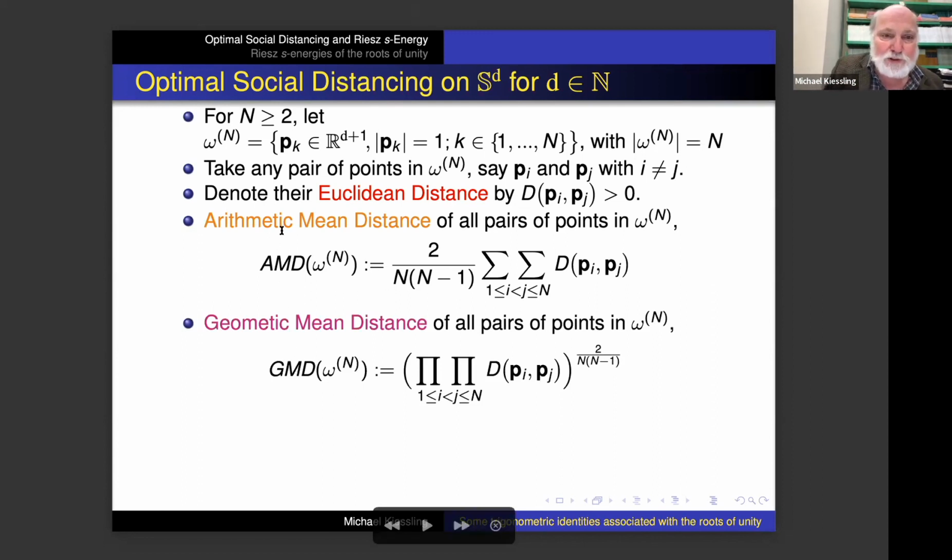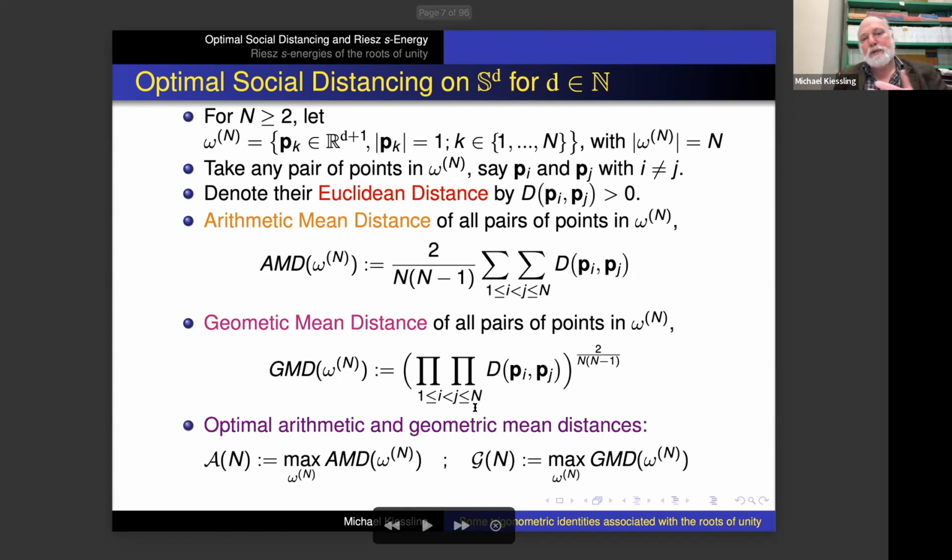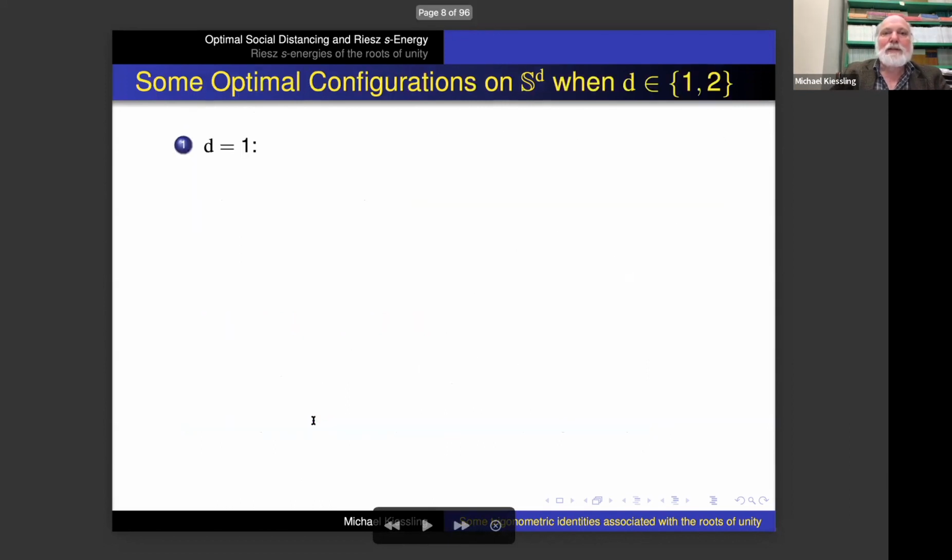Here I just noticed two typos: the R is missing. It is the product over all possible pairs, and then the corresponding n choose 2-th root of that. Those are copy-paste errors. For the optimal distances, you maximize those expressions.